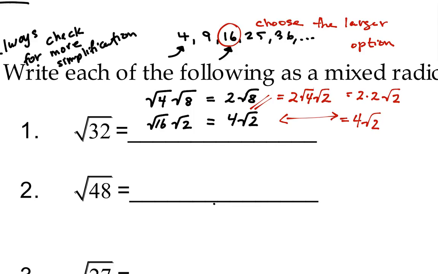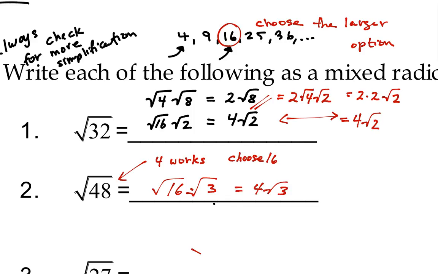Like for 48, 4 works, but is there a better one? Choose 16 instead. That's 16 times 3, right? Both radicals, and then the square root 16 is perfect, so you get 4 root 3. So that's where I left you guys off. That's what we did last day on Friday.